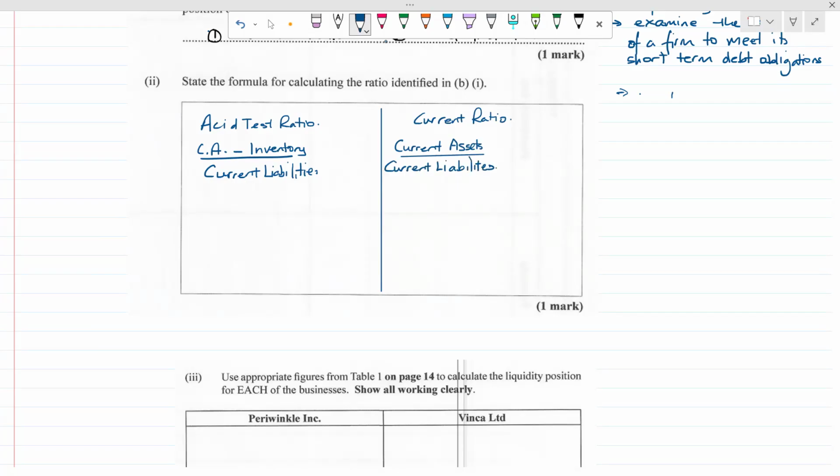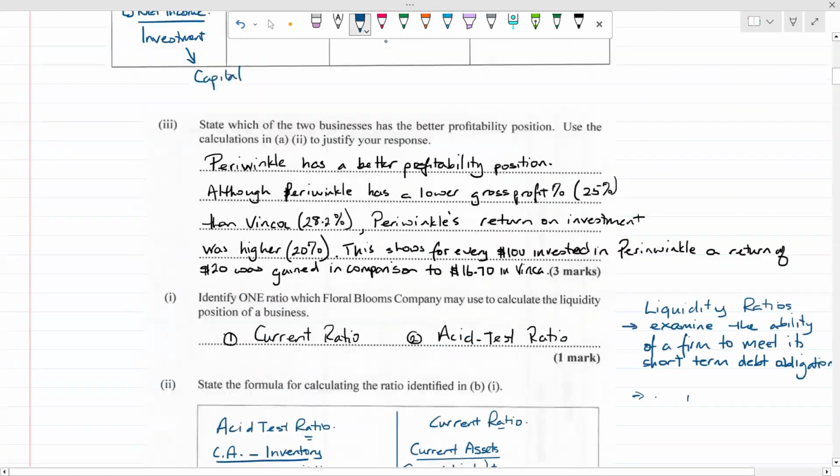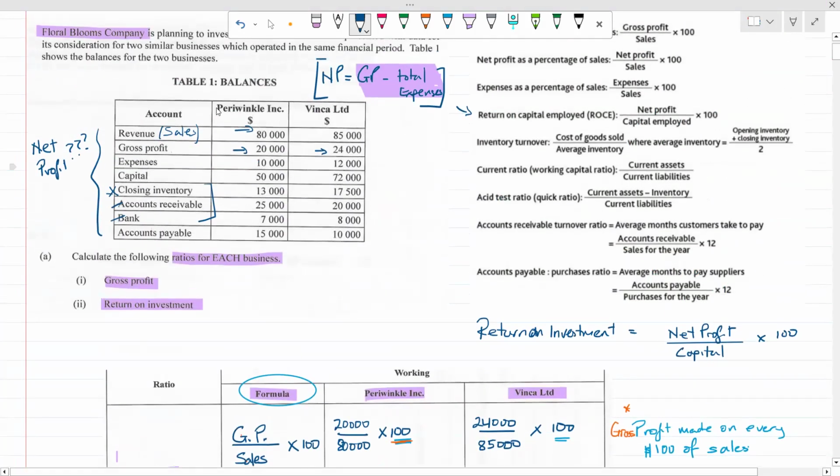Now the answer you get is usually expressed as whatever number you get to 1, as a ratio. Hence the word ratio here. What it tells you is the number of times that your current assets could cover the current liabilities. Based on the figures we have here from Periwinkle, our accounts receivable is 25,000 and our bank is 7,000.